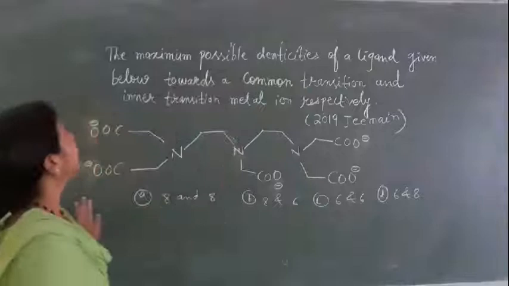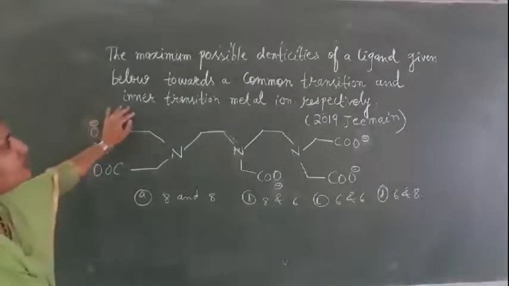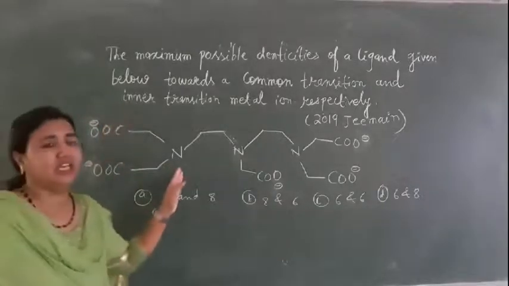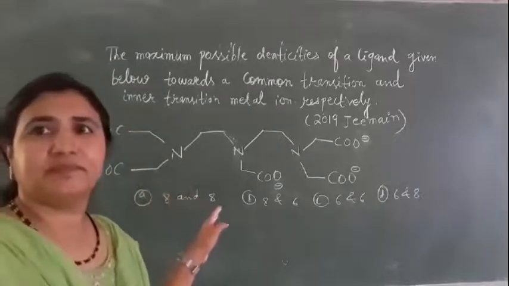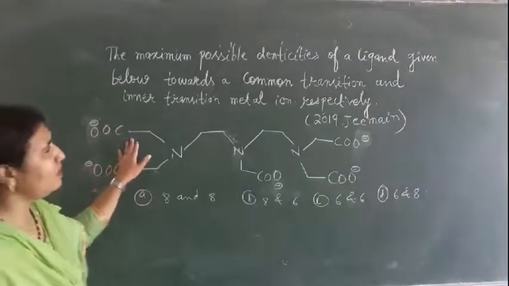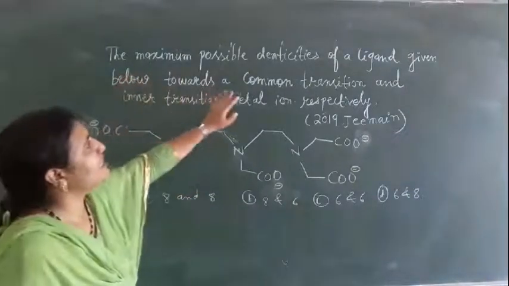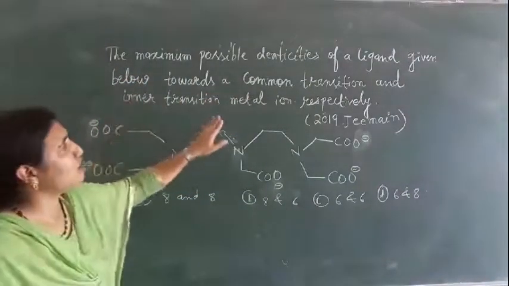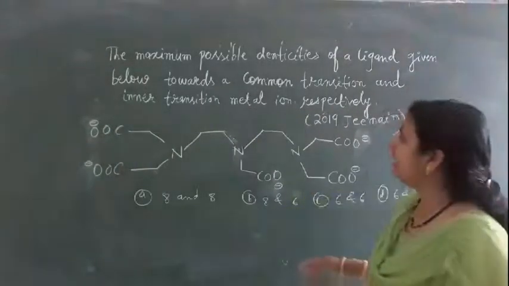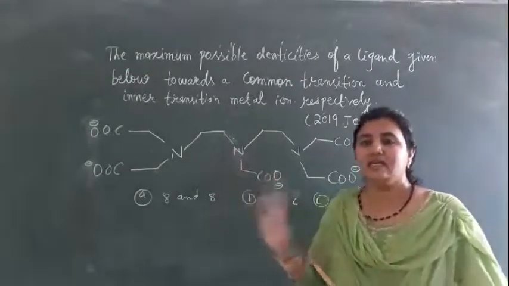Next question: the maximum possible denticities of the ligand given below towards a common transition and inner transition metal ion respectively. So what will be the denticity of this ligand for a transition metal and an inner transition metal?